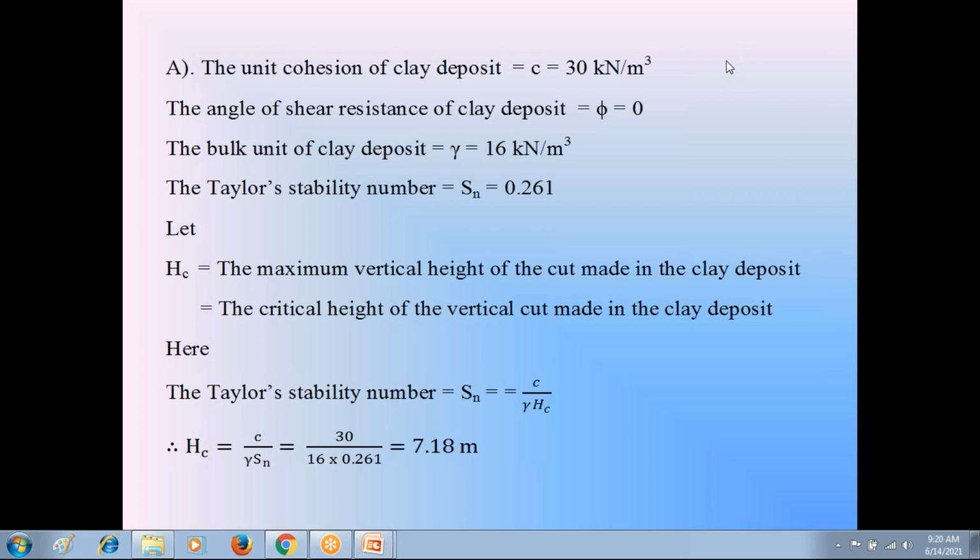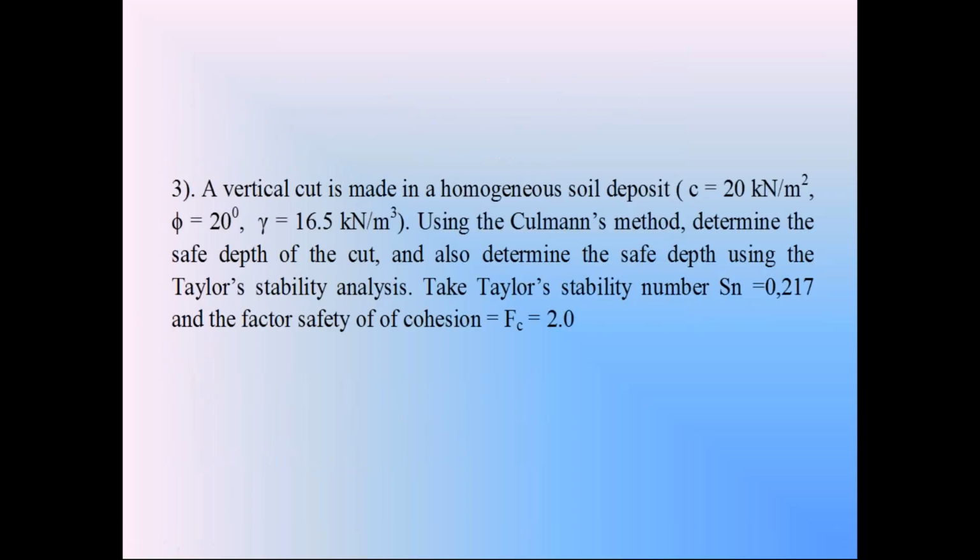Okay, I am going to the next problem. Please, everyone go through that next problem, the third one. Check the third problem. A vertical cut is made in a homogeneous soil deposit. In this problem also, the side is a vertical cut, not a soil slope.